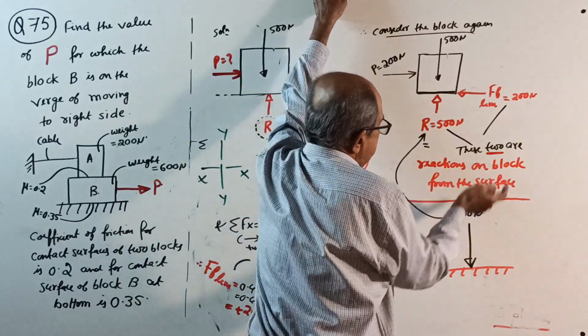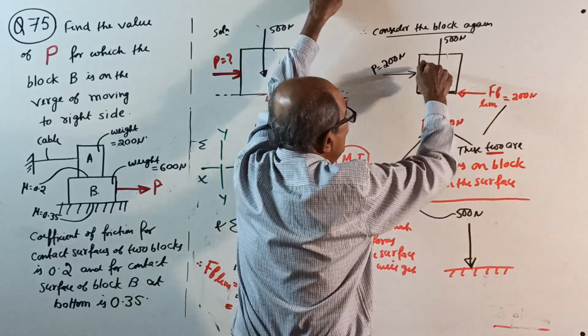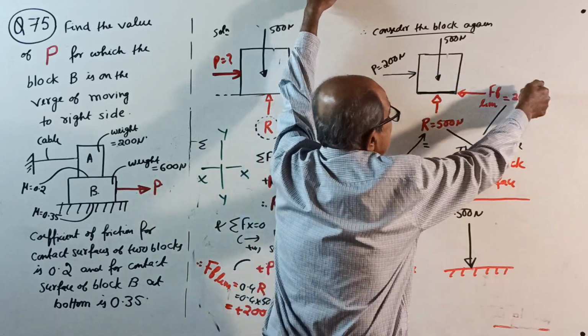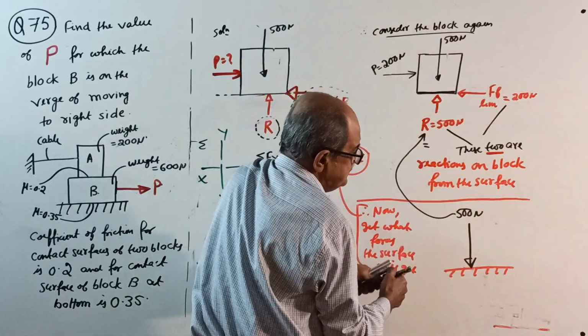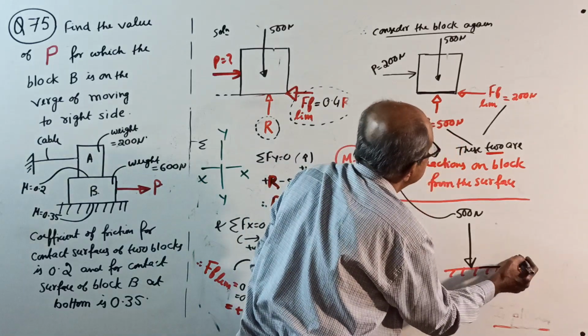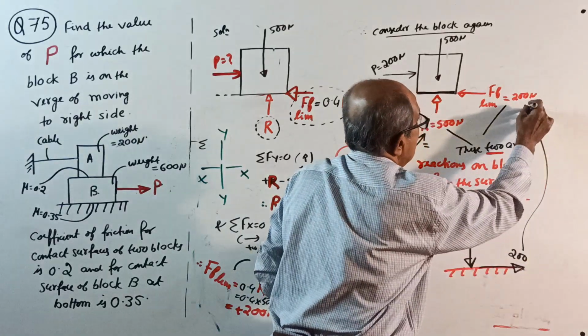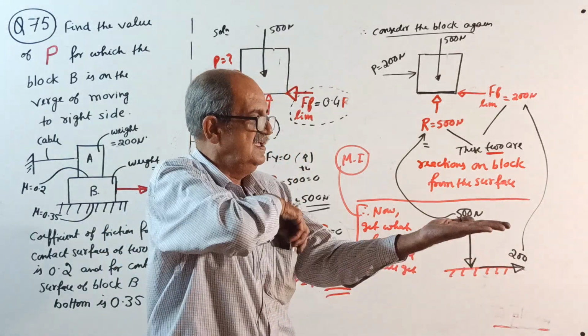And this is the friction on the block from the surface. From the surface to the block, if a friction of 200 is acting, it means the surface is getting a force like this of 200 Newton. Or see it correctly, it is common sense.